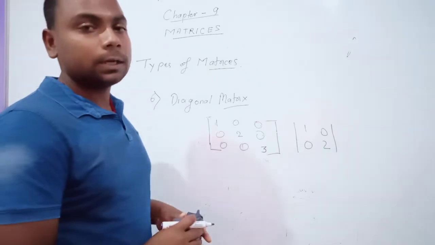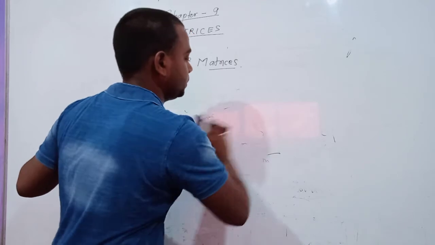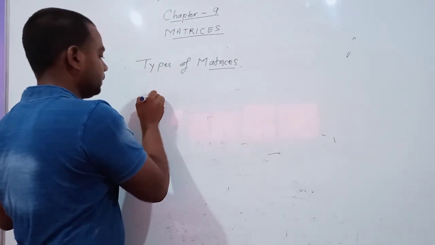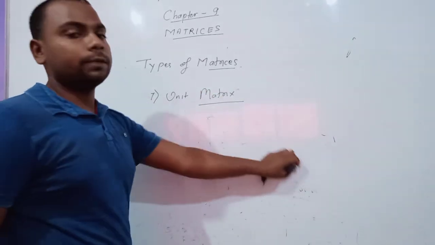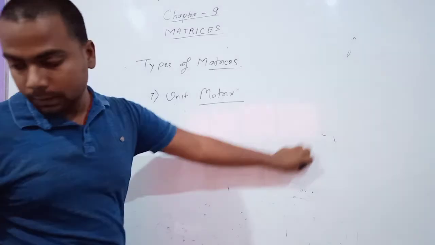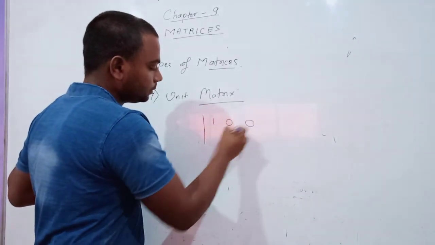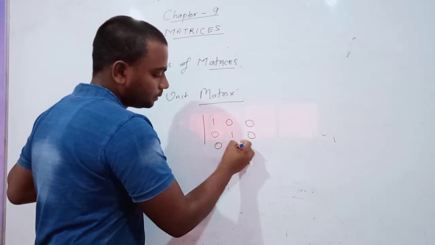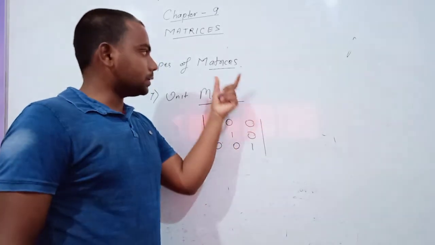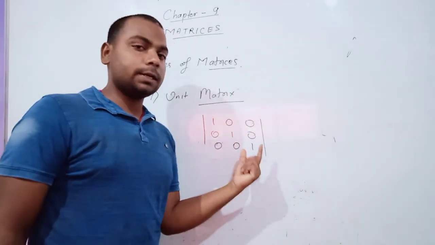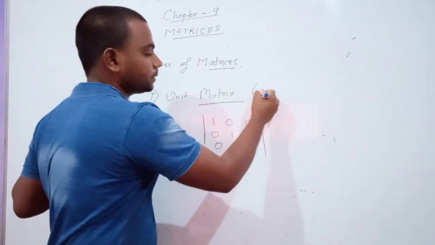And the seventh point comes here, unit matrix. Last point is unit matrix. So what is a unit matrix? If in the diagonal all the values are 1, you can just consider the diagonal matrix, if the values are 1, then it is considered as a unit matrix, also known as identity matrix.